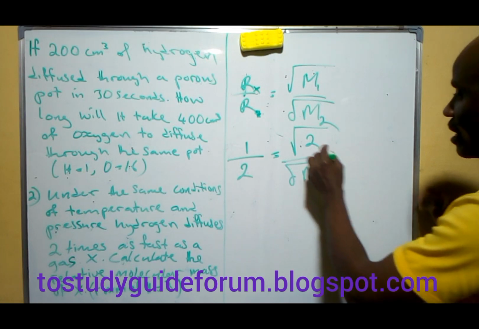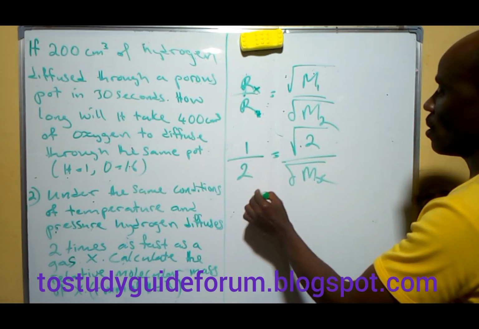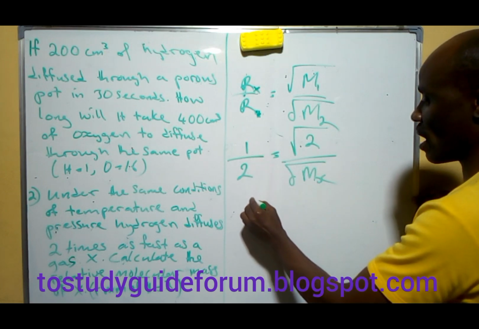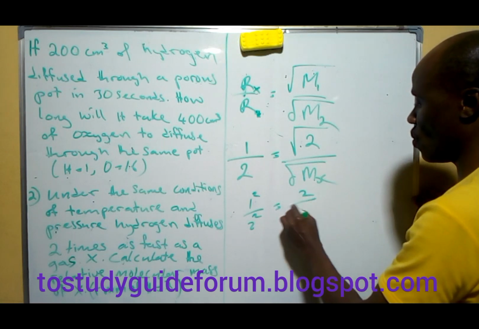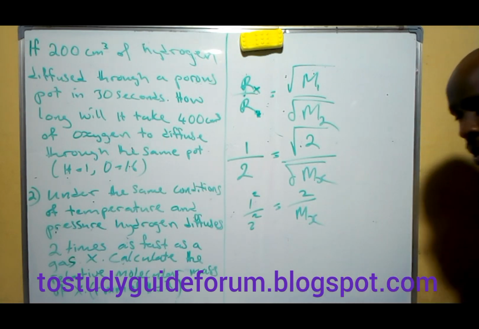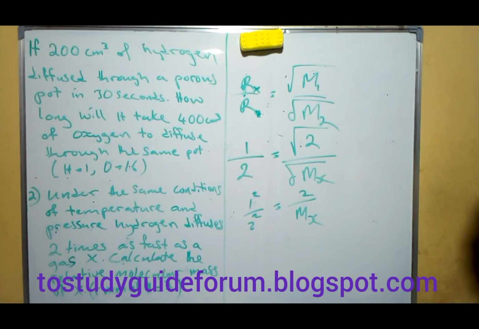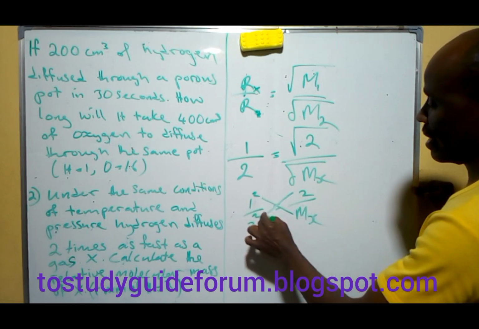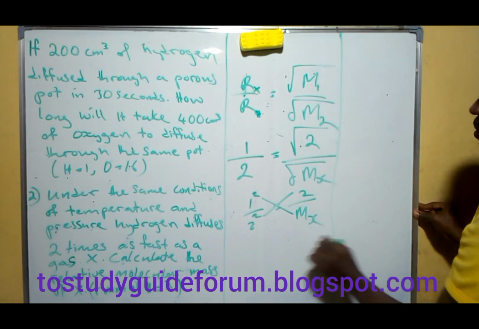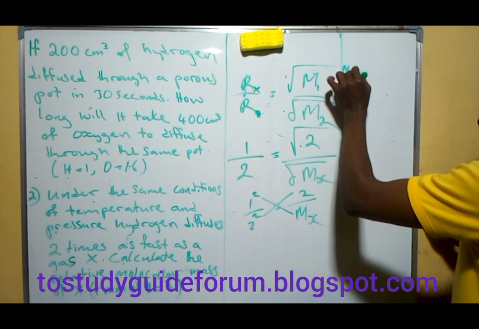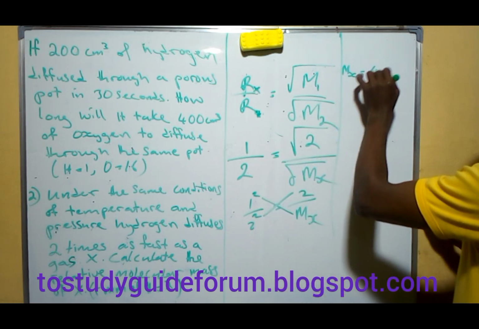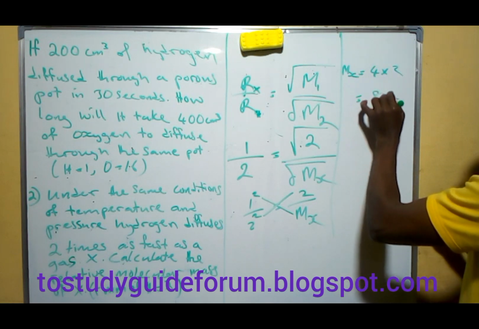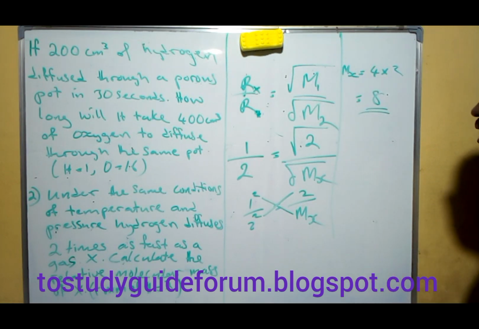If we remove the square root, we have 1 squared over 2 squared. That will give us 2 over Mx. Then cross multiply: Mx is equal to 2 times 2 is 4 times 2. That will give us 8. That means the relative molecular mass of the gas in question is 8.